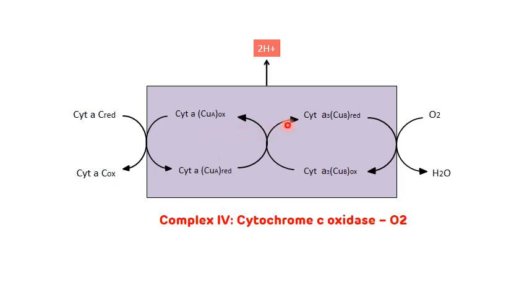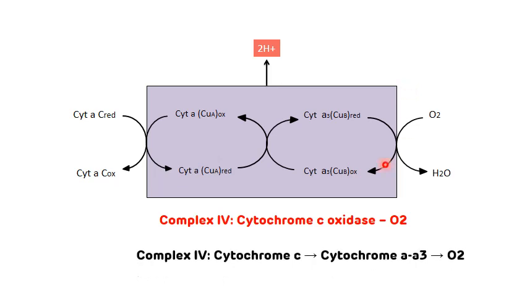So this cytochrome AA3, after receiving the electron, will convert to the reduced one, and this cytochrome AA3 will transfer electron to the molecular oxygen, and this molecular oxygen will get converted to the H2O. And in this complex, that is complex number 4, there is a pumping of 2H plus from the matrix to the inner membranous space. So that is all about the complex 1, complex 2, complex 3, complex 4. Fine.